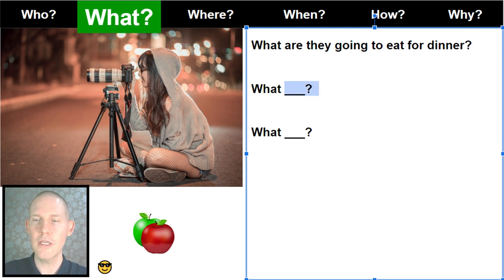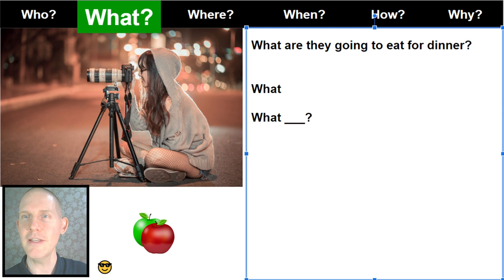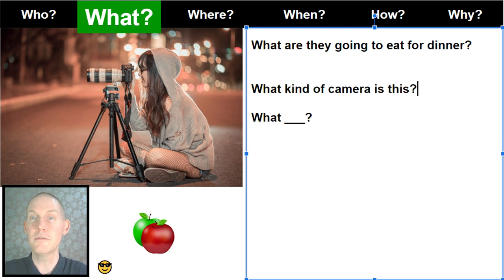All right, let's see if we can get another what question. I'm looking in the comments. Anybody else have a what question? I've got lots of what questions floating in my head. Let's see. How about what kind of camera is this?